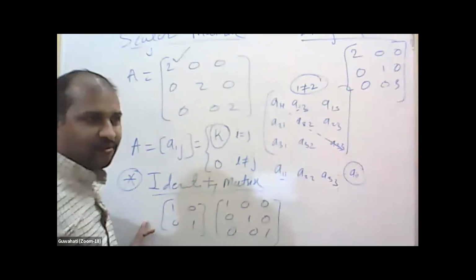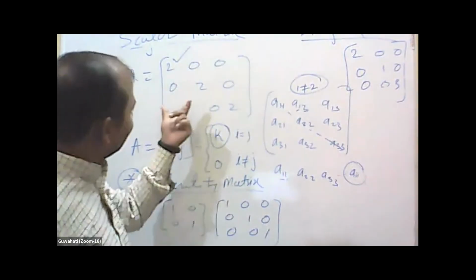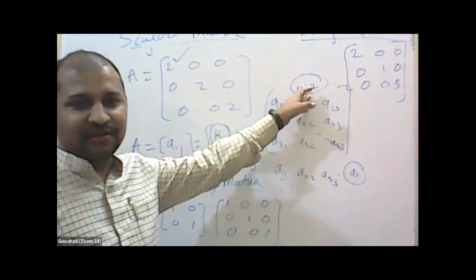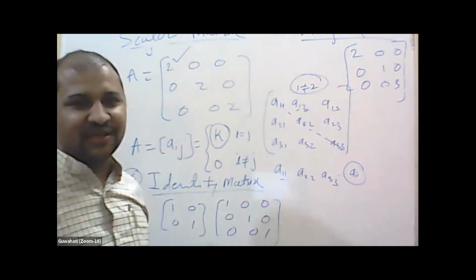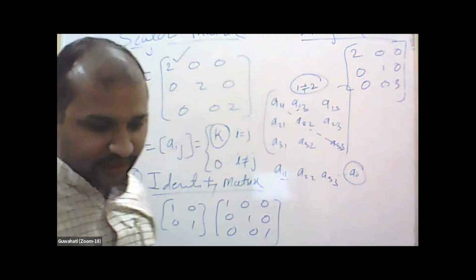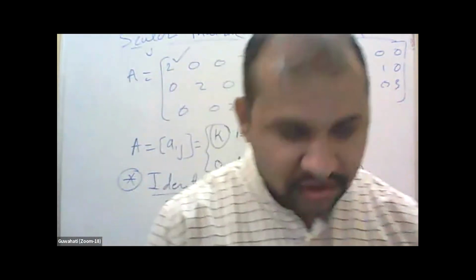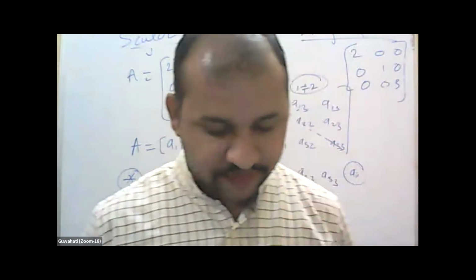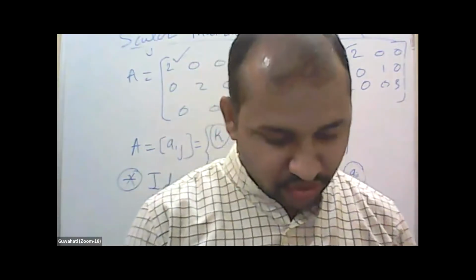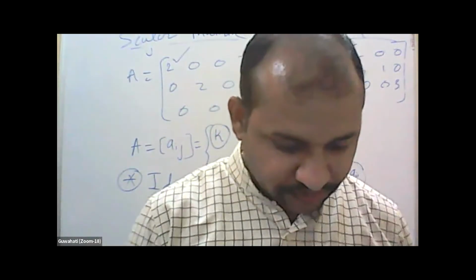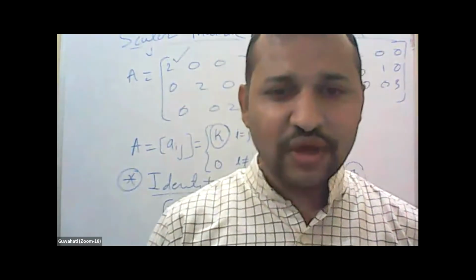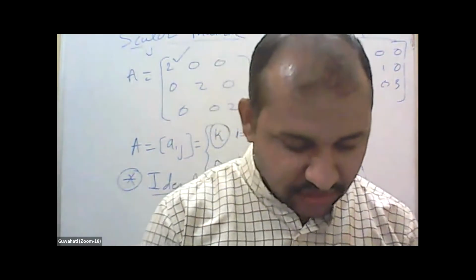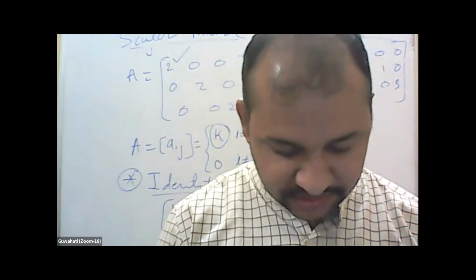Yes, because every identity matrix will be scalar and every identity matrix will be diagonal, right? The converse is not true. Is it clear? Or if you want some more examples, those who are from a non-mathematics background can stop me and ask.